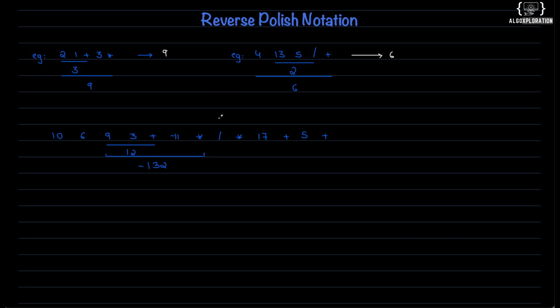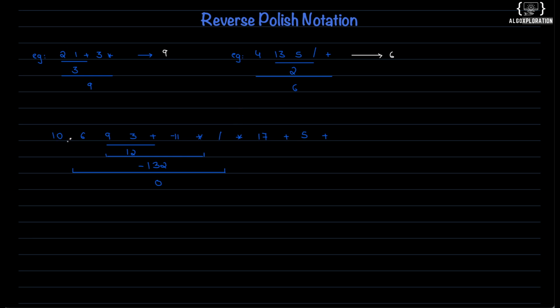Now after this I got this division, so I need to divide the last two values. So 6 and minus 132. Now if I divide 6 by minus 132, the answer is 0. Okay, now the next operation is multiplication.